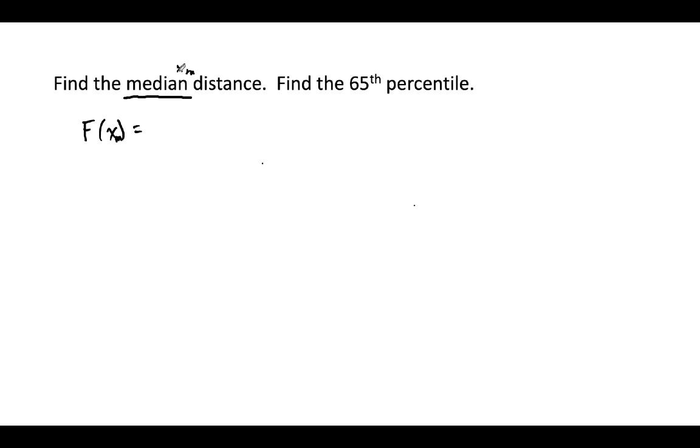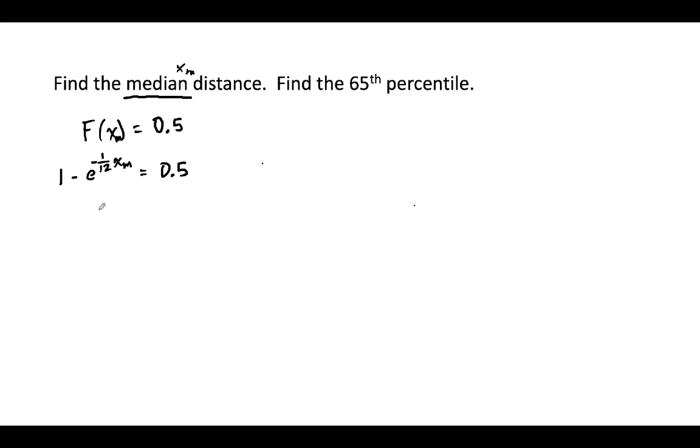This is the median distance, when the cumulative distribution function equals 0.5. So if we're going to find the median, we need to solve for x when the cumulative distribution equals this. And we have an equation for the cumulative distribution, so that's going to be 1 minus e to the negative lambda x_m, and for it to be the median, it's going to be equal to 0.5.